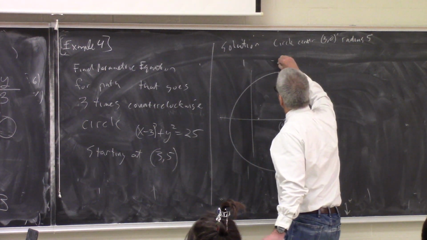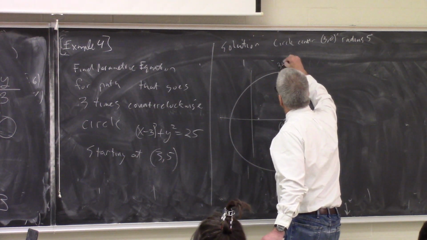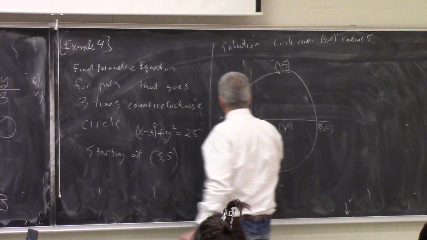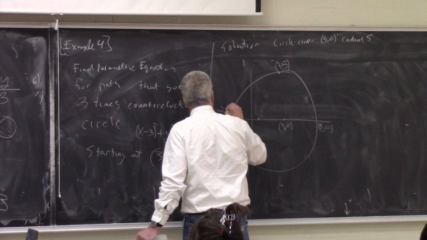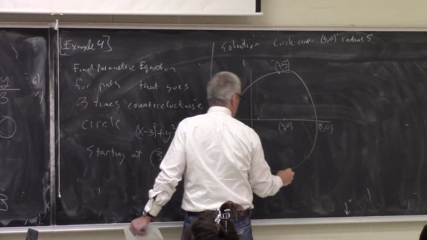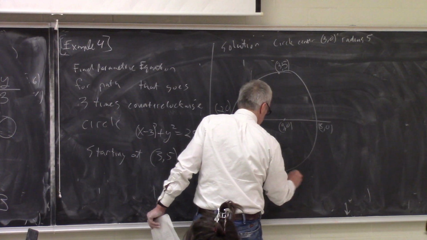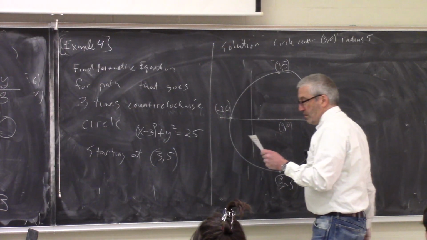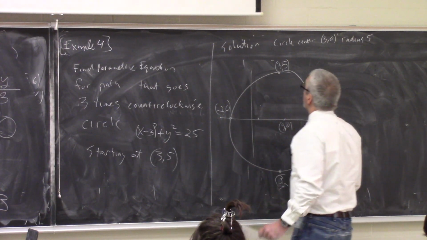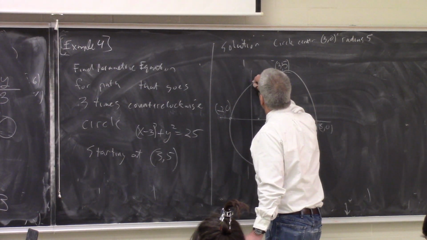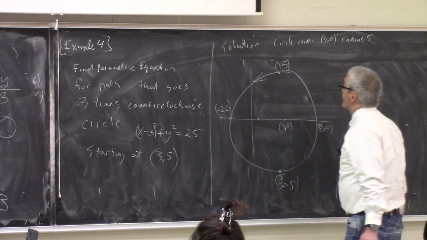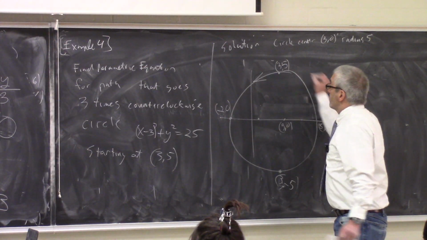It's going to go through 3, 5. It's going to go through minus 2, 0. And it's going to go through 3, minus 5. And we need to go 3 times counterclockwise. So 1, 2, 3.